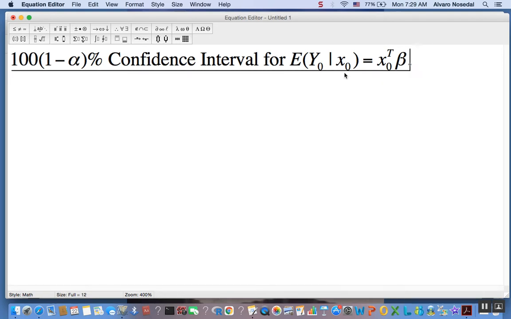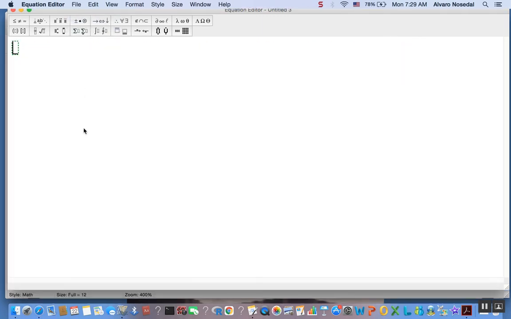So, before we obtain this formula for that confidence interval, let me remind you about a couple of results that we have talked about before, but that will be useful in the derivation we're going to discuss.